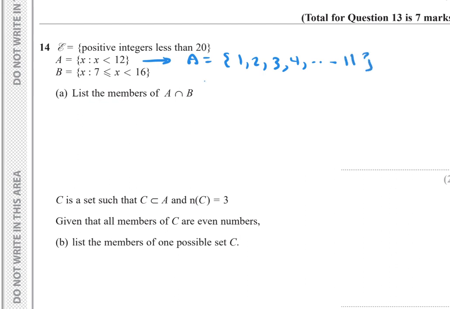For B, more than or equal to 7, so 7, 8, 9 till 15 because less than 16. Now A intersect B, the common elements between A and B. So from 7 till 11, so 7, 8, 9, 10, and 11.